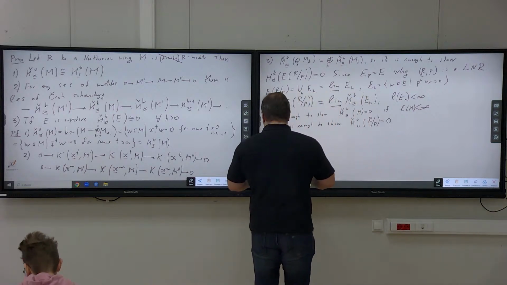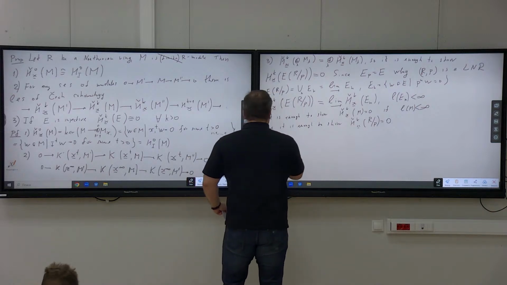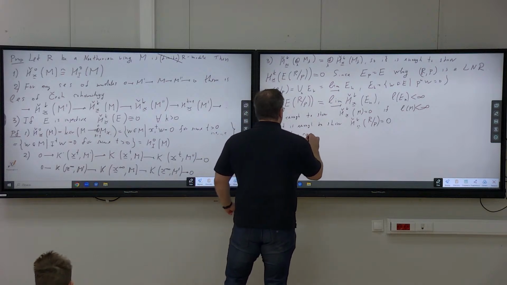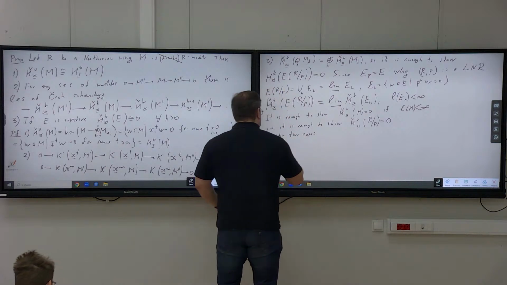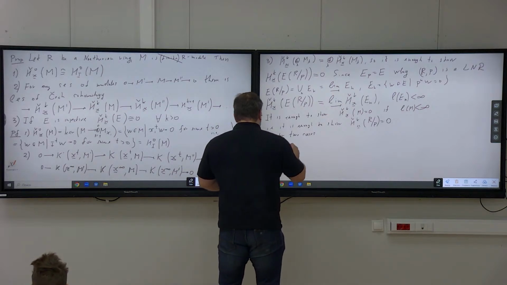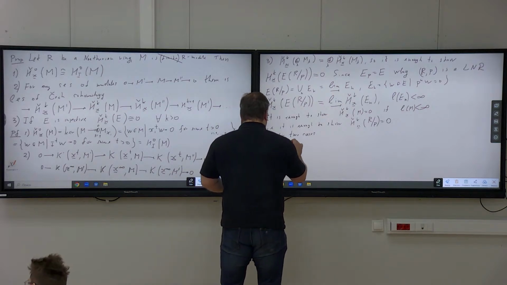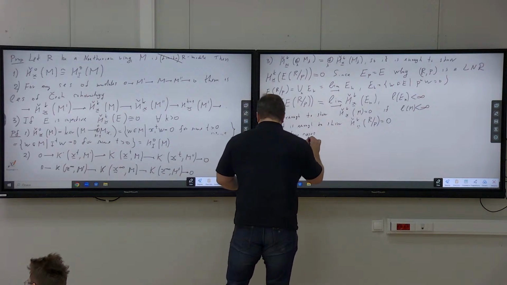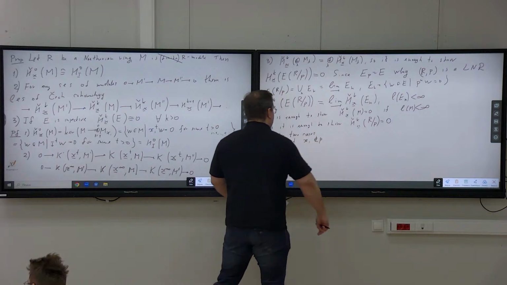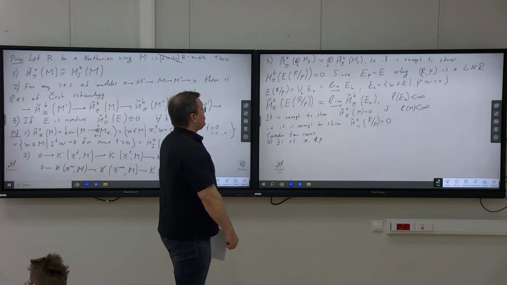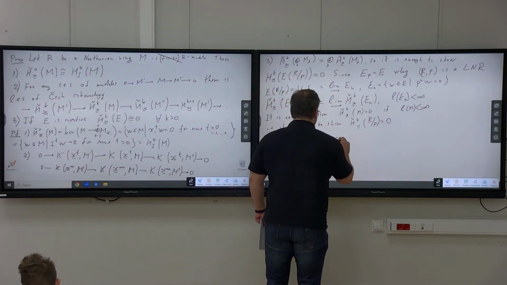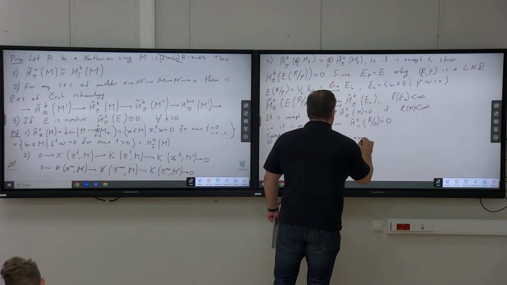Okay, so now we consider two cases. In the first case, say case 1, there is an index i such that x_i is not in P. Since we go to the localization, we can say that x_i is a unit.